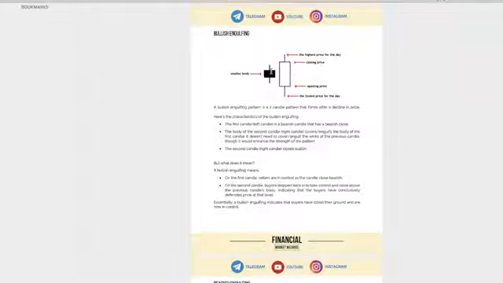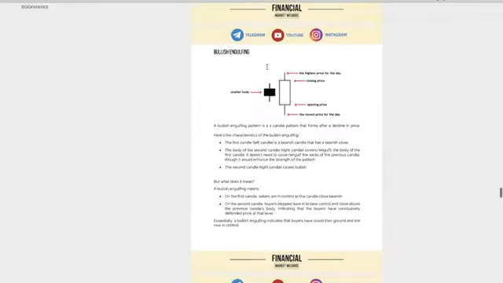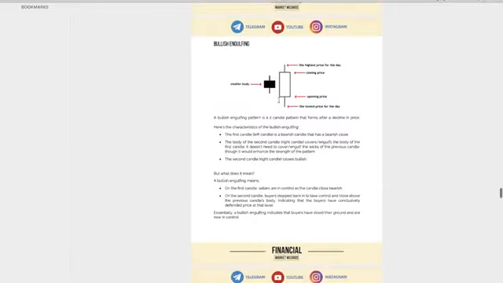This closing price is above the opening price of this bearish candle. If you want an even stronger signal, then you watch for the closing price to be above the upper wick, meaning the highest price of the previous candle. That's an added enhancer. It's not necessary, but when you see something like that, it is stronger.